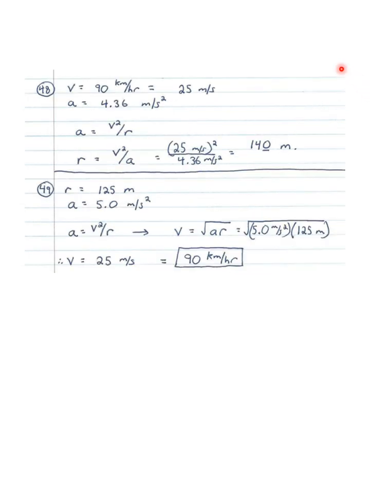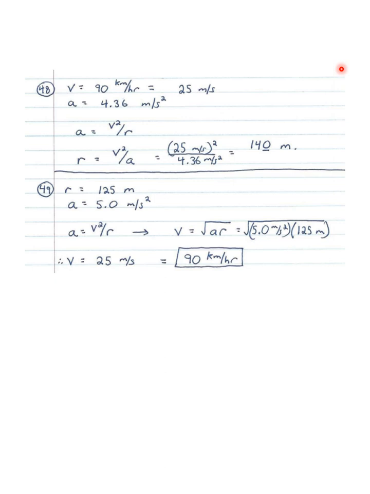Number 48, fairly straightforward circular motion problem. An engineer is designing a flat horizontal road for 90 km per hour speed limit. The maximum acceleration of a vehicle on this road is 4.36 meters per second squared. What's the minimum safe radius for curves on the road? So we're solving for radius given the particular velocity. The one little thing we need to be mindful of, it says 90 kilometers per hour.